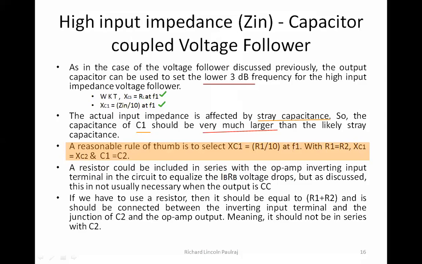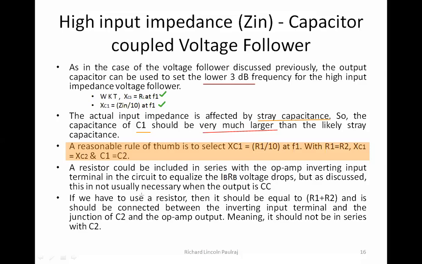A resistor could be included in series with the op-amp inverting input terminal in the circuit to equalize the IB times RB voltage drops. Whenever we have a resistor, there is always going to be a drop, and we have to make sure that these losses are mitigated.